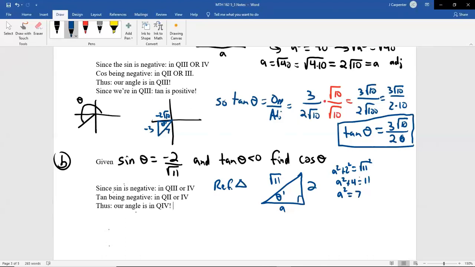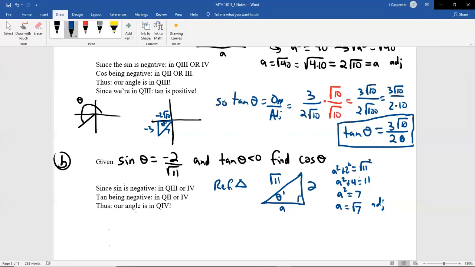Take the square root of both sides, and you'll get that a is equal to the square root of 7. I skipped a couple of steps, but you should all know how to solve that Pythagorean equation by now, I hope. So that says the adjacent is the square root of 7. There are actually 2 radicals in this right triangle. Nobody said they couldn't all be radicals. Nobody said they had to have a whole number anywhere. It's nice when they do, but they don't have to.